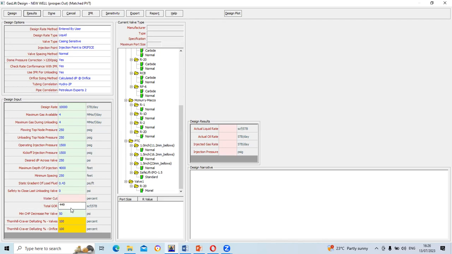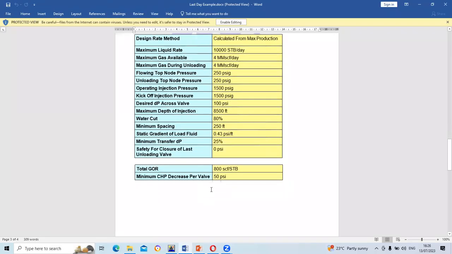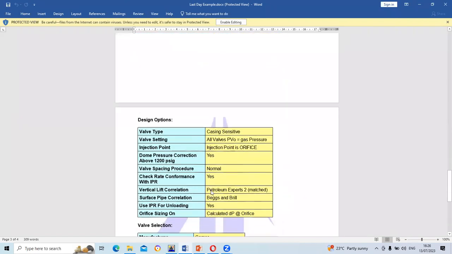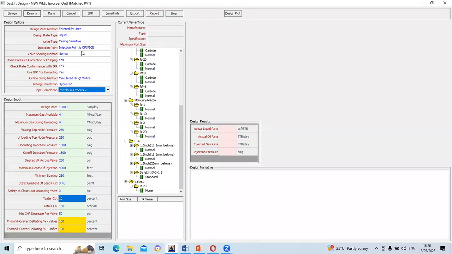Our gas oil ratio just put at 150. Water cut, let's just say 10%. Okay. So our design option, I think I have the data for that. Our design option, we have casing sensitivity.